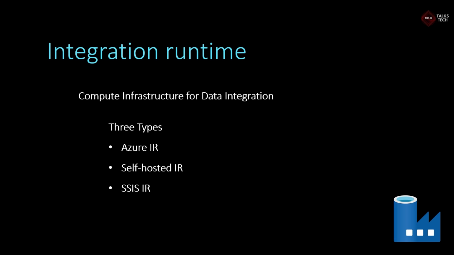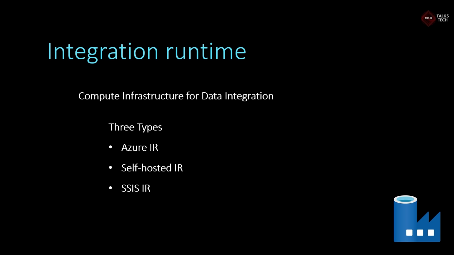The next one is the self-hosted integration runtime. This is mainly used for connecting to an on-premise data source. For example, if Azure Data Factory needs to connect to an on-premise SQL database, we need to use the self-hosted integration runtime. This is an application that you can install as a package on the on-premise system. After installing this package, Azure Data Factory will have the necessary connection properties to connect to the on-premise database.